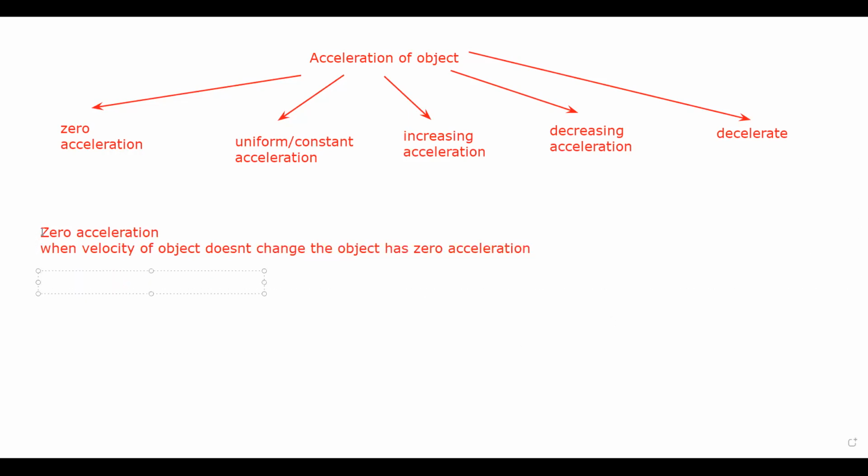In case of zero acceleration, this is the first case, number one. Maybe the object is at rest. When an object is at rest, we can also say its acceleration is zero. For example, say you have a physics book which you left on the table.